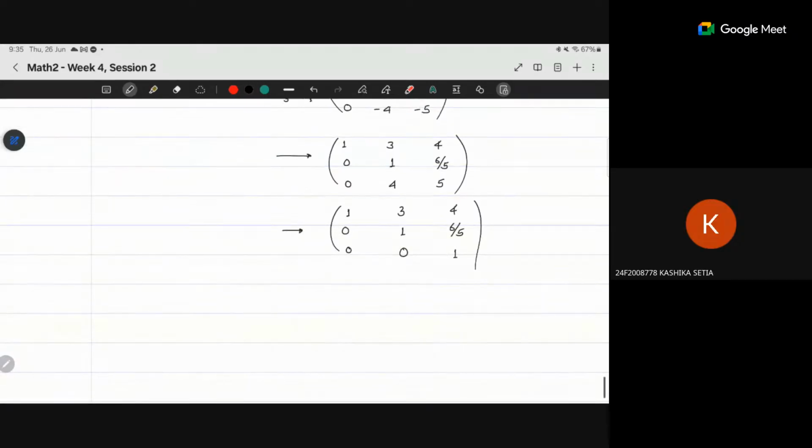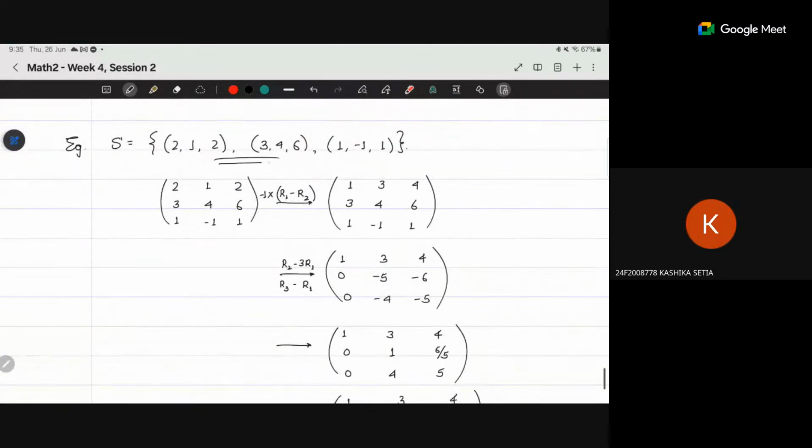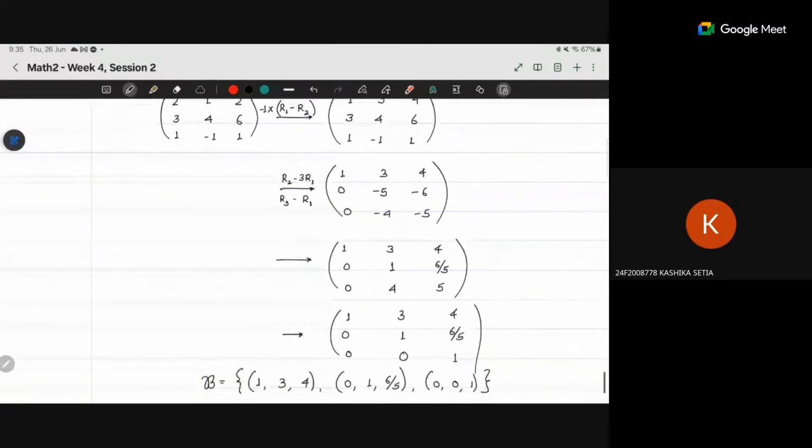So I'll just leave it at this. You can see that REF will come down to this. So what does the method say? The method says that a basis is 1, 3, 4, 0, 1, 6 by 5, and 0, 0, 1. None of the vectors are from your original spanning vectors.